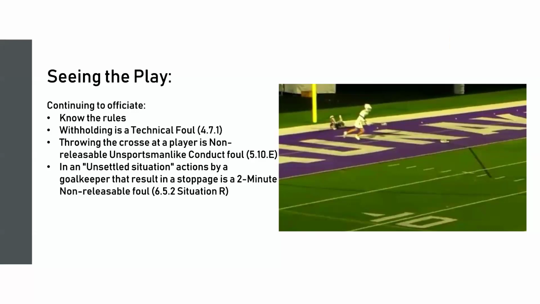Steve, can I tell you a quick funny story about that? Alex asked me to speak to his team before the season about rules and rules changes. We got through all this stuff, and I said, okay, you can ask me anything.